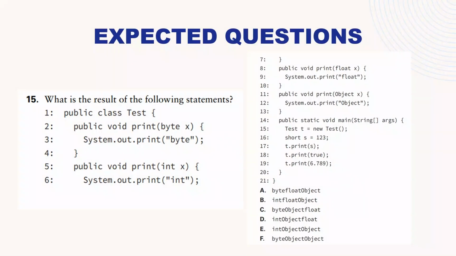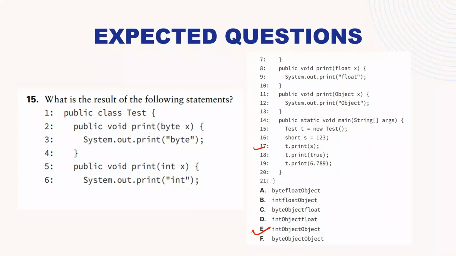So by reading through the options, I would say the correct option in this case is E, and it will print int, object and object. Why? Let's understand this question. The argument on line 17, if you see this particular line, this is a short type. Now it can be auto promoted to an int.